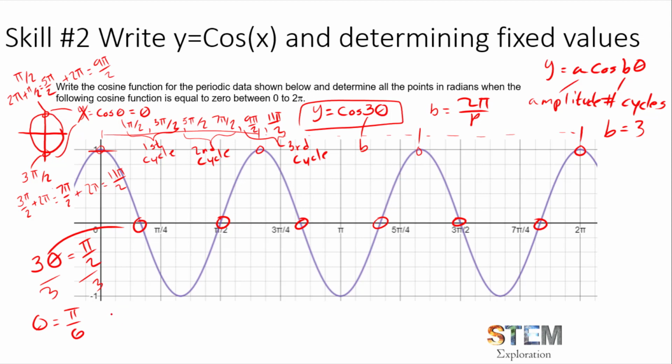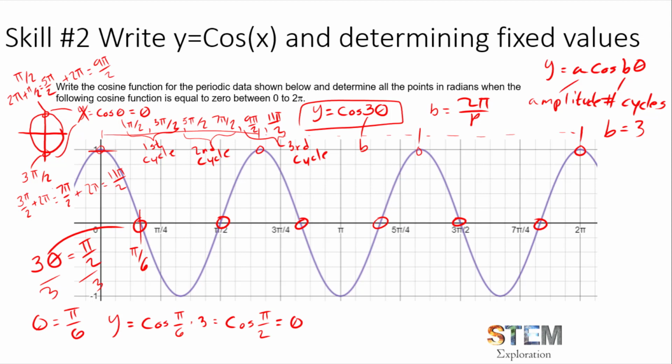on the unit circle. So if we say y is equal to the cosine of pi over 6 times 3, what you will get is the cosine of pi over 2, once it's simplified out, and this will equal your first 0. So this given location right here is actually pi over 6.